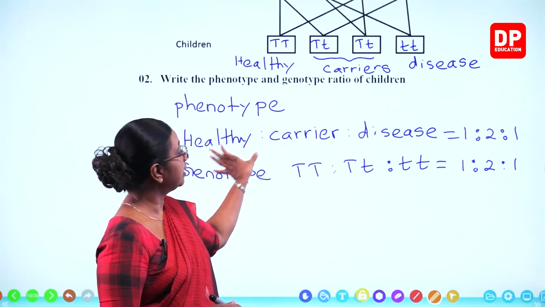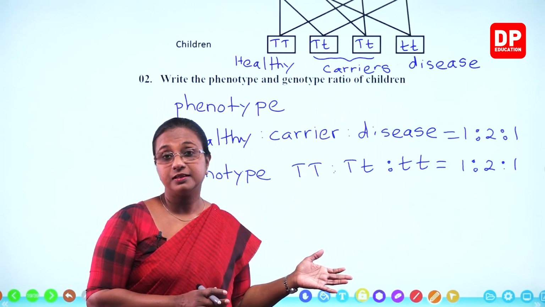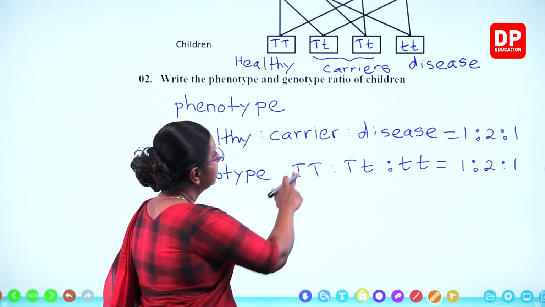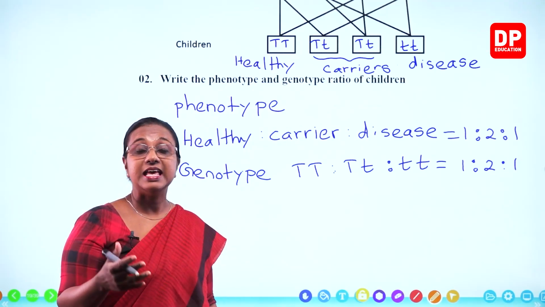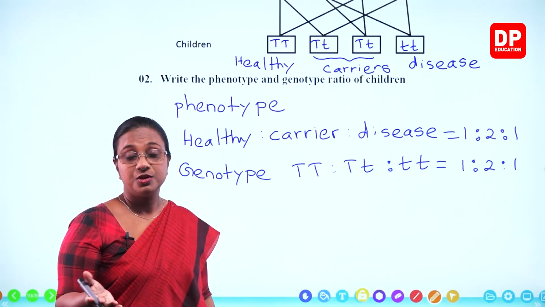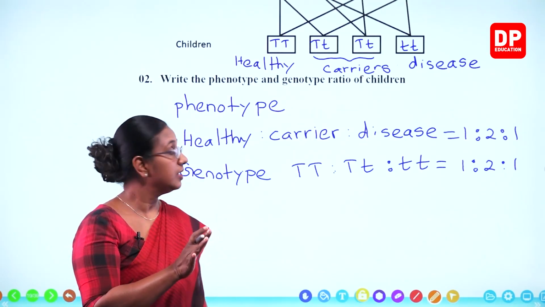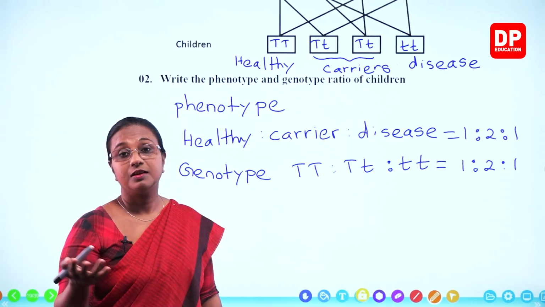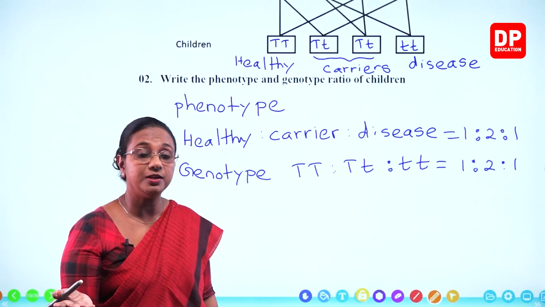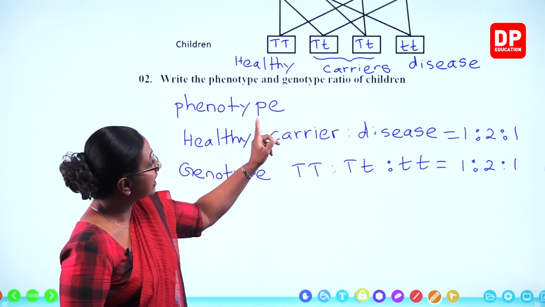Normally these 2 are combined together to give rise to the dominant character. But here these 2, although they don't have the disease, they act as carriers. So slightly there is a difference from the phenotype you observe in a Mendel's monohybrid cross. It is similar, but only thing is because there are carriers.